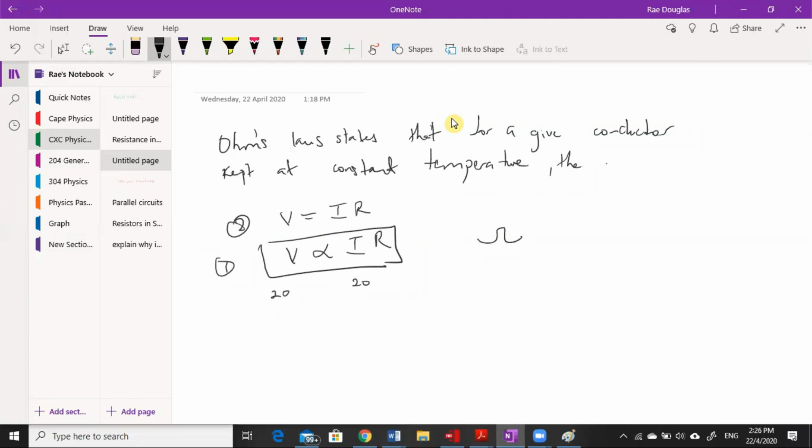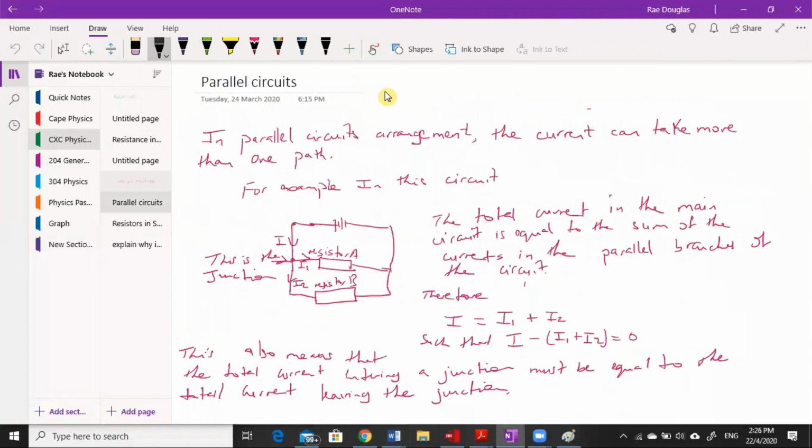Let me see the hands, but I want persons to pitch in a little. Last time when we had class via WhatsApp, we were talking about resistance in series and parallel circuits. How many persons in this group were present and understood? Sir, I was there.